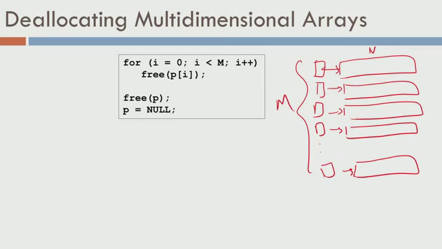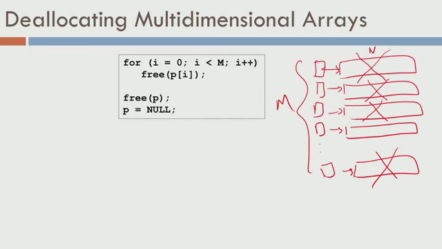What you do is you first go and do free of p of i, and you iterate i from 0 to m minus 1. So, when you say free p of i, you start with p of 0, free p of 0 will deallocate that, free p of 1 will deallocate this row, p of 2 being freed will deallocate this row, and so on. Free p of m minus 1 will deallocate this row.